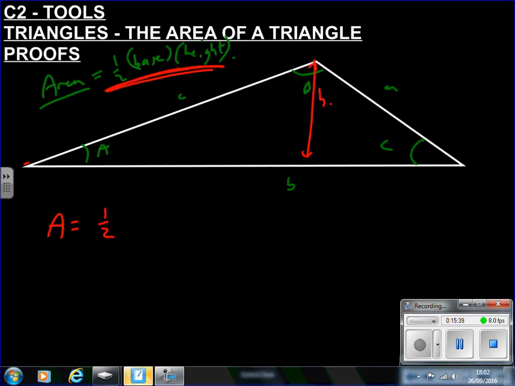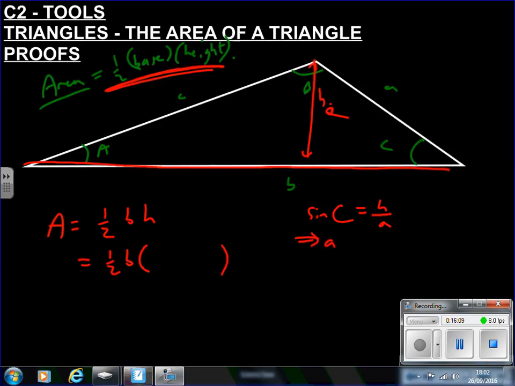Let's think about it. Half times base, so there's our B. That's our base, isn't it? And now we need the height, h. So h, what is h? So at the moment we're on half BH, which is half B, and then let's think about what h is. Well, sine C is the opposite, which is h, over the hypotenuse.